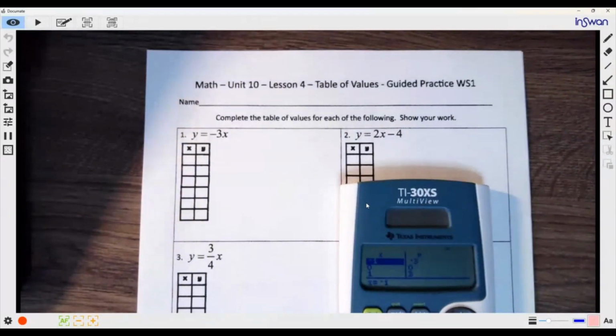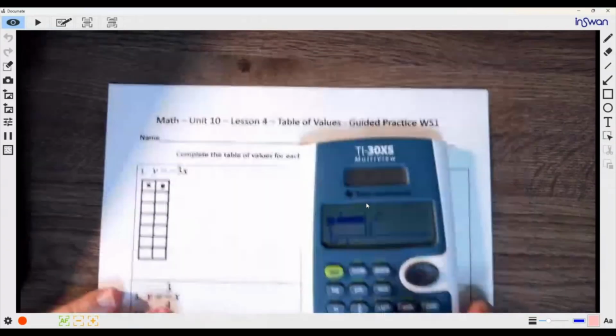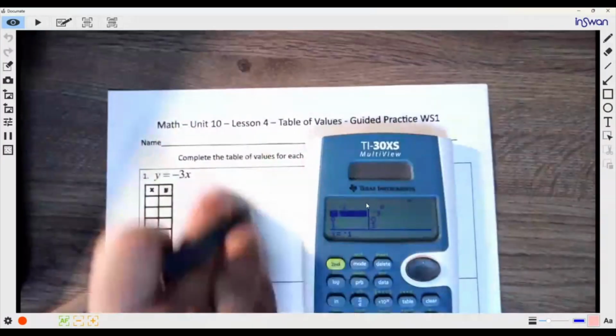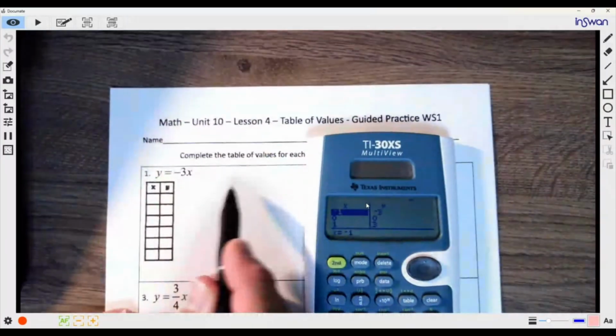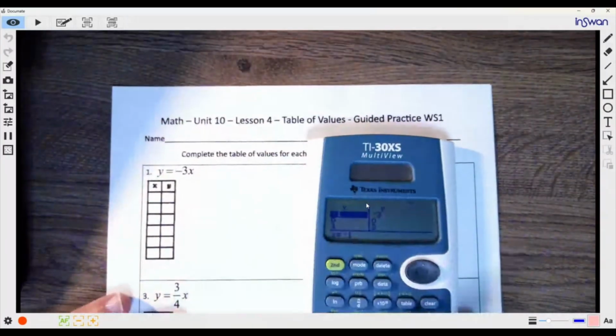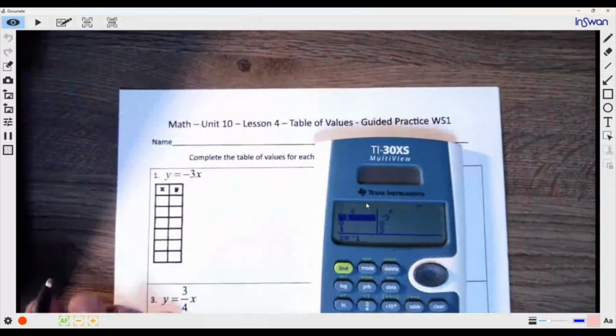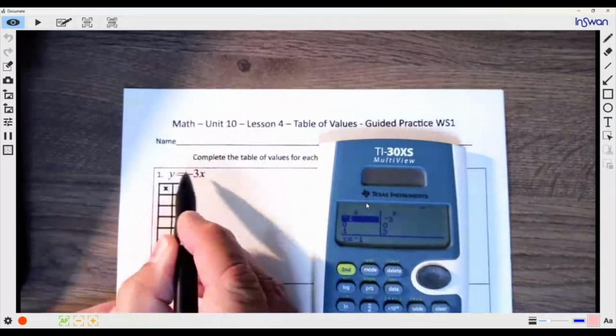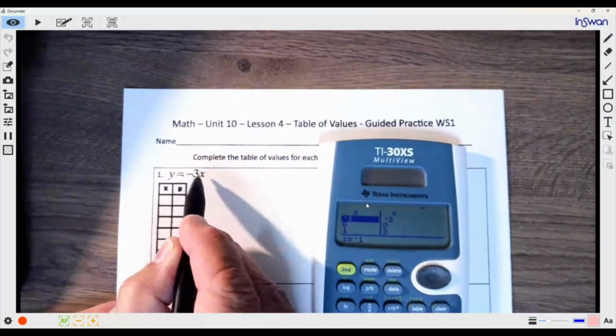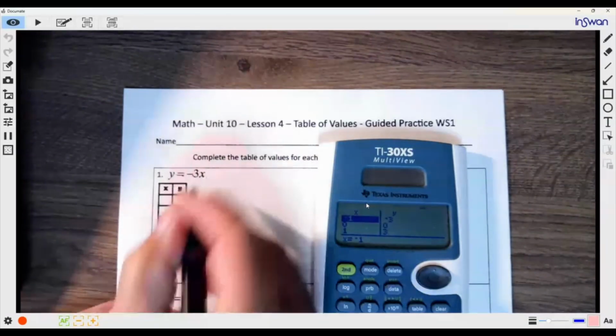So you are going to need a piece of paper. I'm just going to have you write these down, because there isn't going to be any work to do. I'm going to show you the steps, but the calculator is going to do all the work. So our first one is y equals -3x.